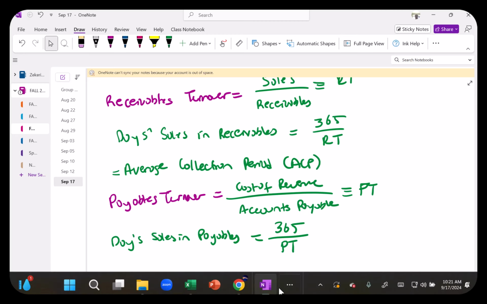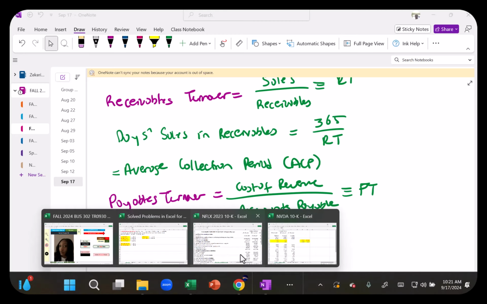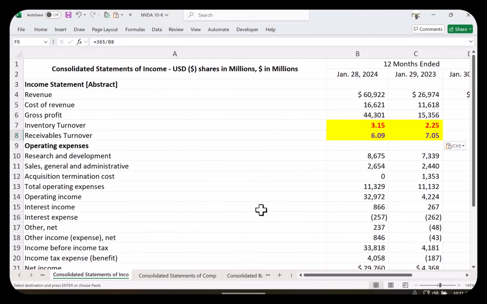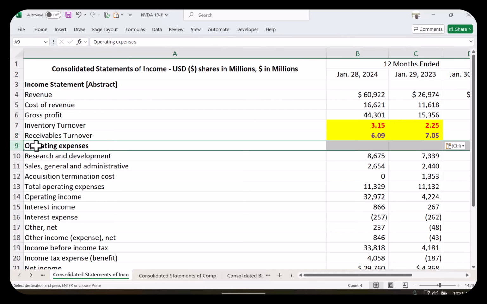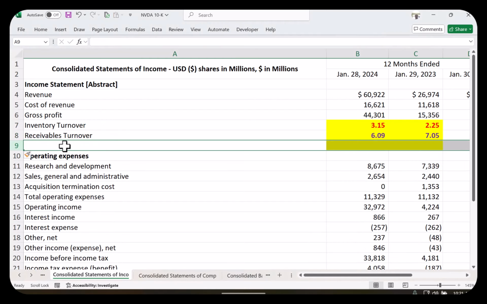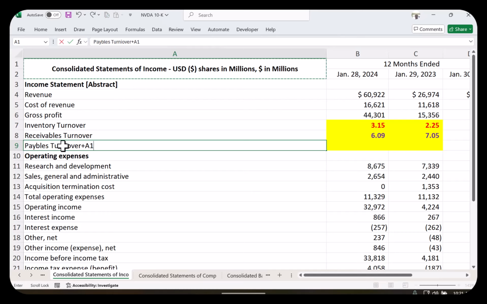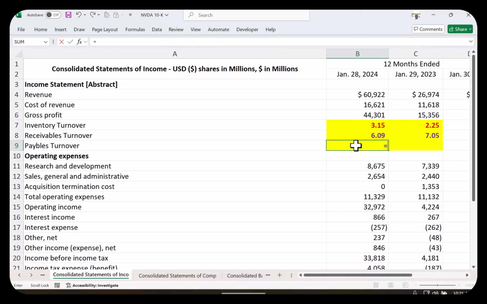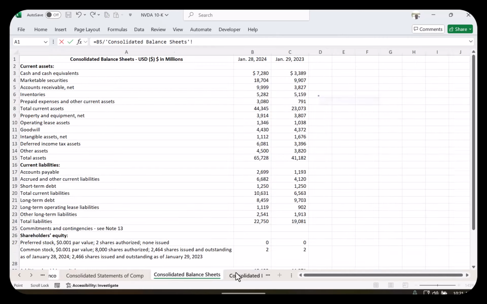So let's calculate both of them for NVIDIA. So I'm going to take the cost of revenue divided by accounts payable.